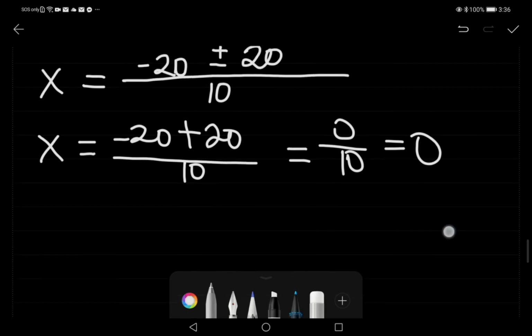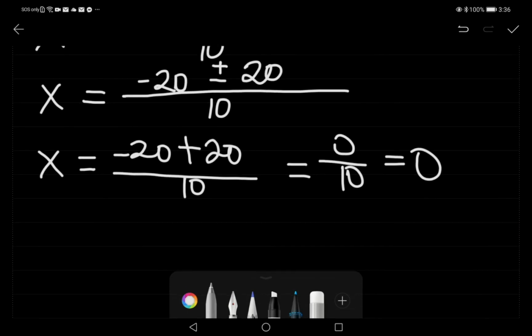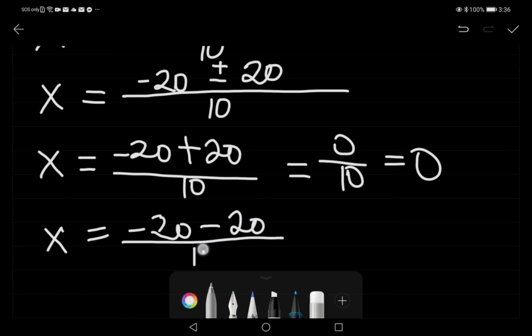Then using the negative sign, x equals negative 20 minus, atong gamiton ang negative sign, 20 over 10. So negative 20 minus 20 is negative 40 over 10.